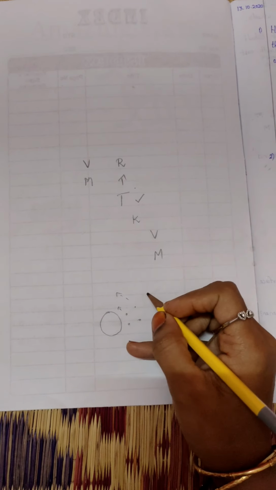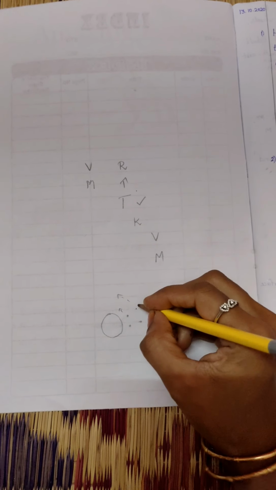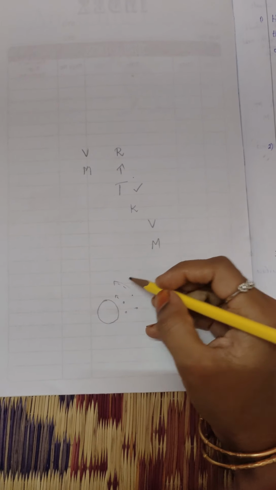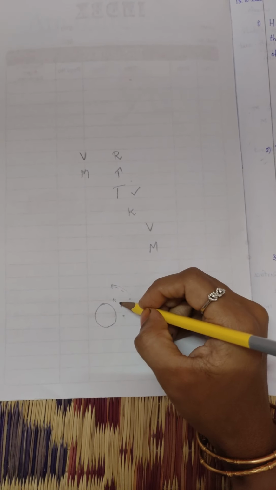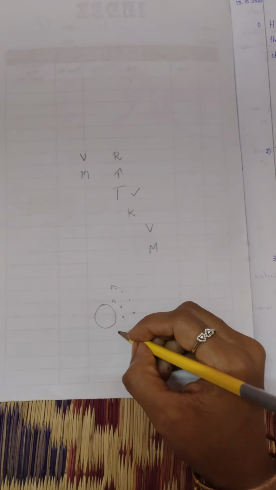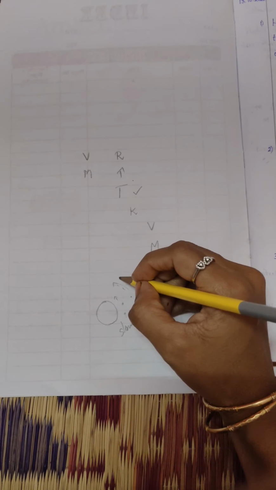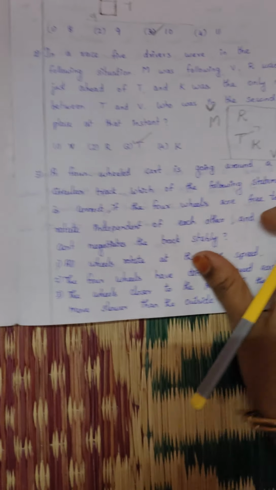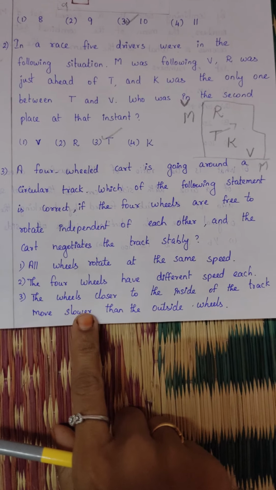But the wheels farther from the circular path have to cover more distance compared to the wheels closer to it. So the wheels nearer to the circular path move slower and the wheels farther from it have to move faster. So the answer is the wheels closer to the inside of the track move slower than the outside wheels.